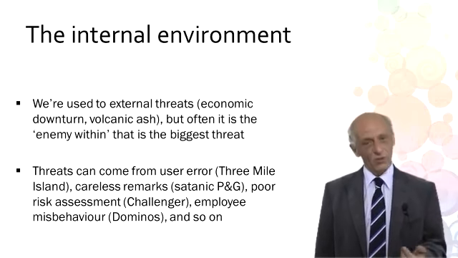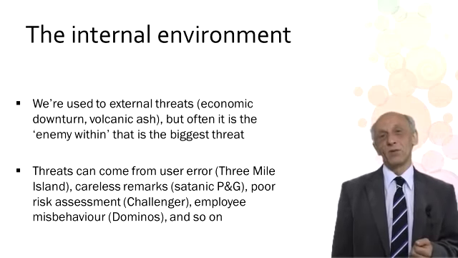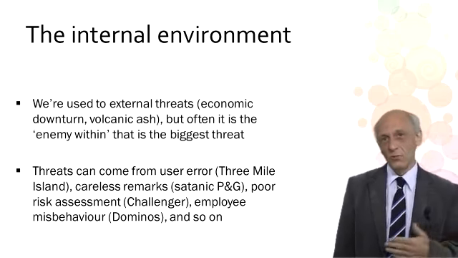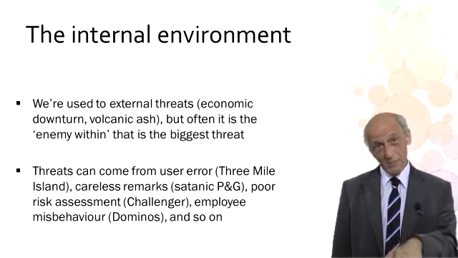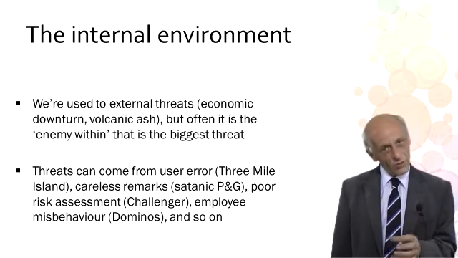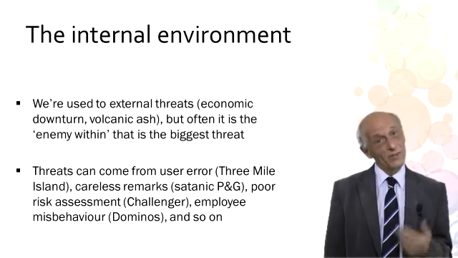Poor risk assessment, Challenger again, and other examples. Employee misbehaviour, Domino's pizza workers who found it funny to pick their nose, contaminate food, video it and put it on YouTube, and so on. There's lots of threats within, and we need to understand them better.